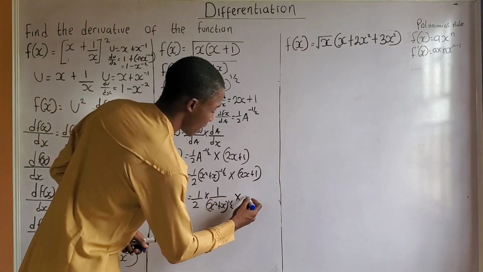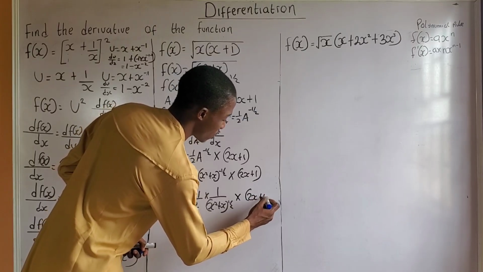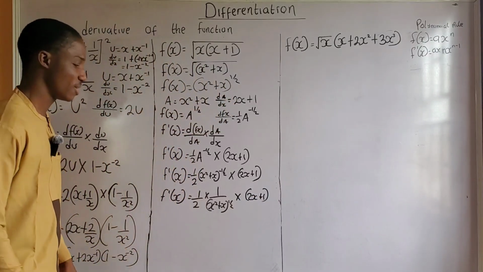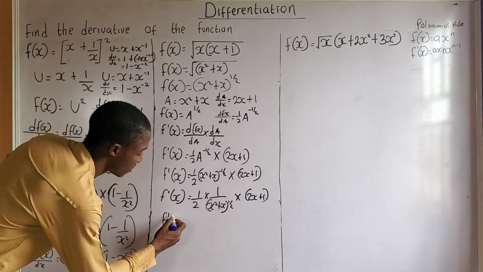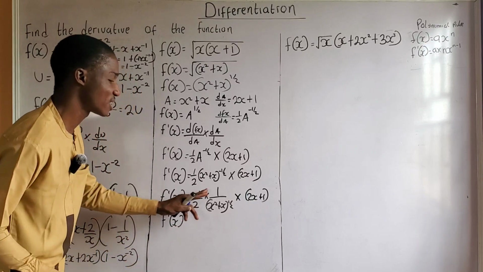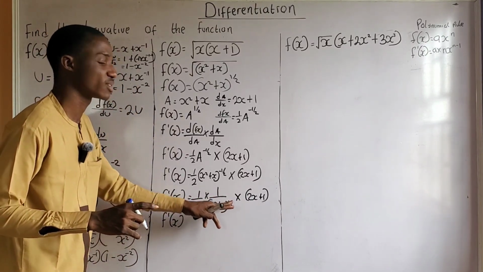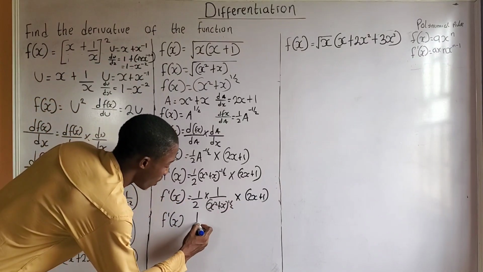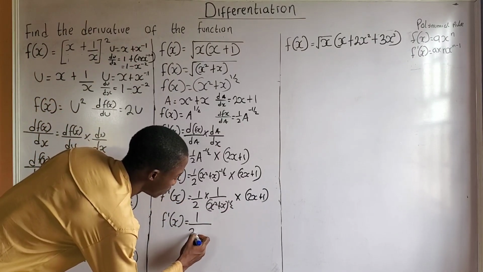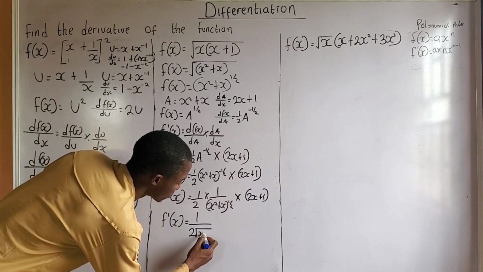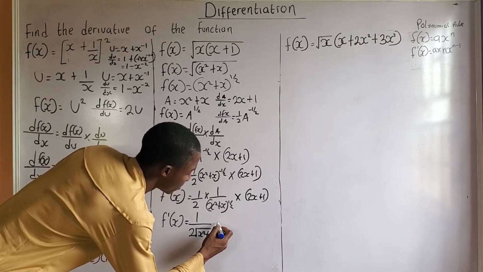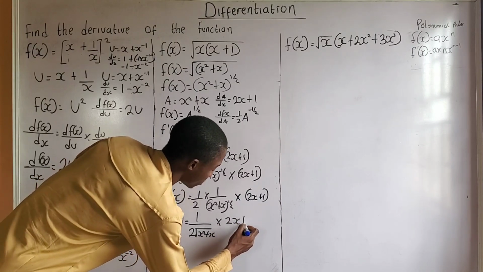And this will also multiply 2x plus 1. Okay. Derivative of f of x will be equals to 1 times 1 is what? 1. 2 times x squared plus x raised to the power of half. That is what? 1 all over 2 roots x squared plus x multiplied by 2x plus 1.